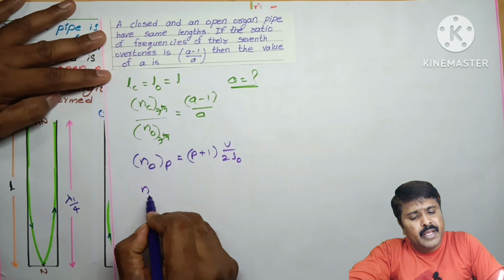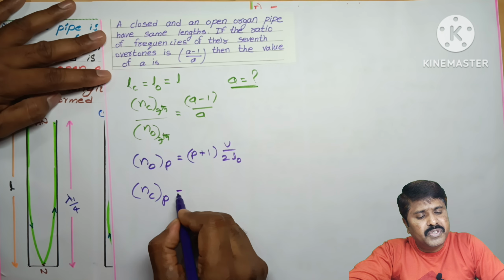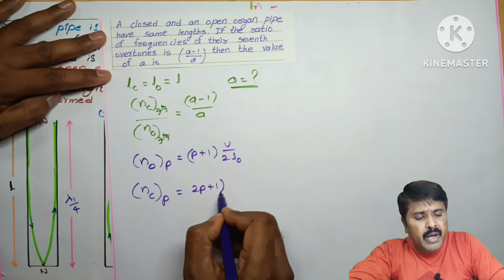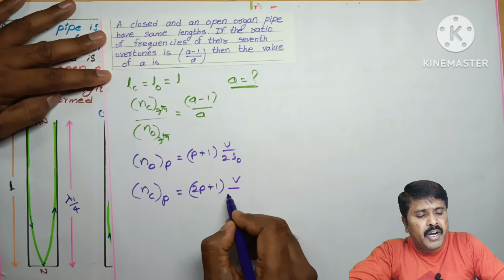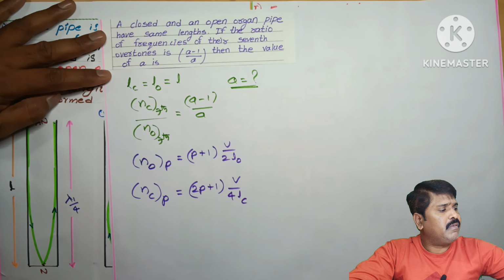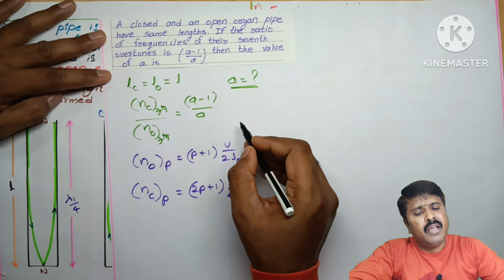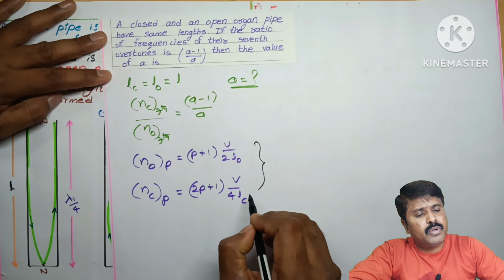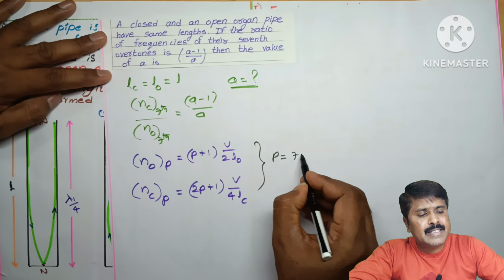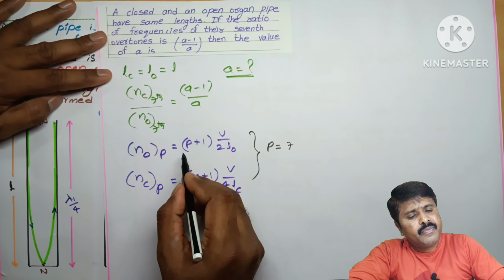Student, and n closed pipe Pth overtone is equal to 2P plus 1 harmonic V divided by 4LC. Length is common here, and then replacing the values in the above equation. In both cases P is given as 7, student.